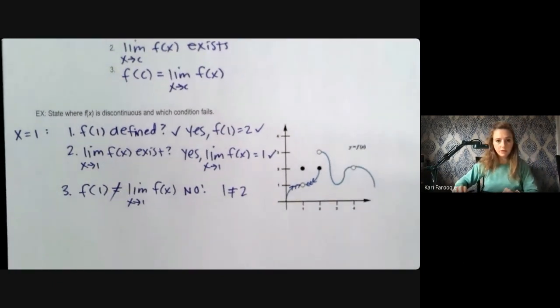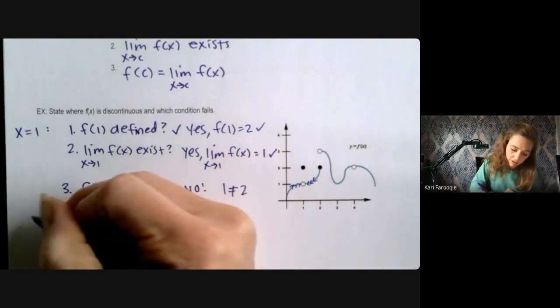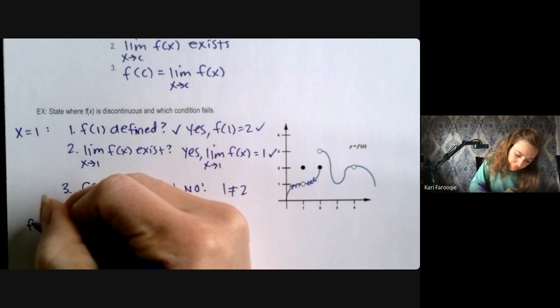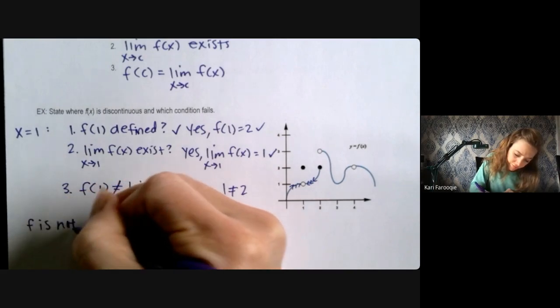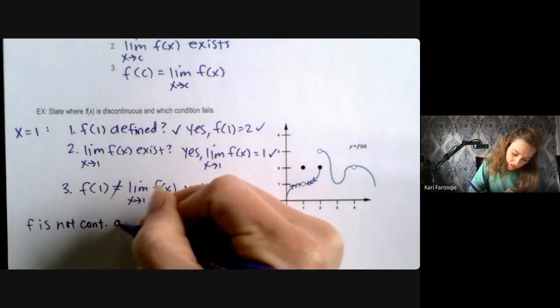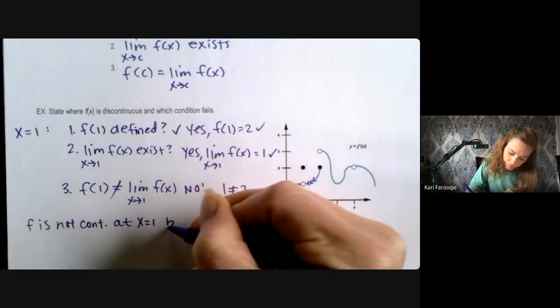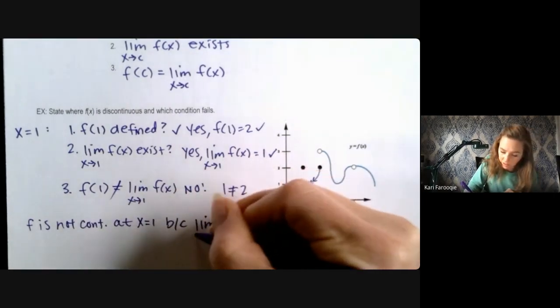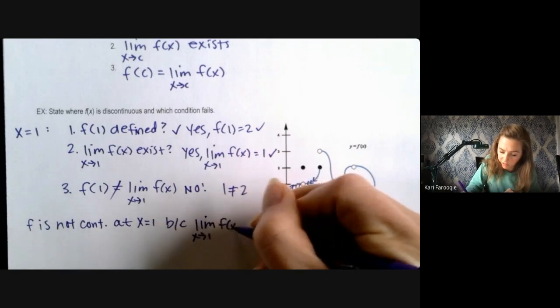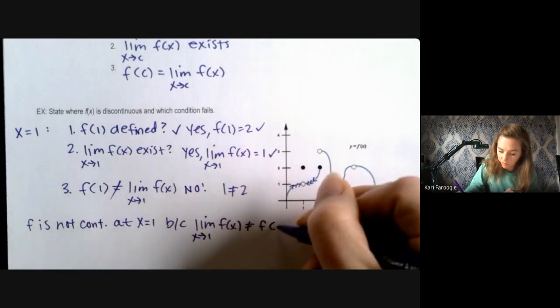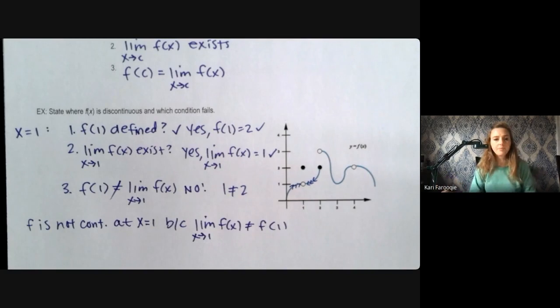Thus, condition 3 is violated. So we would say that f is not continuous at x equals 1 because the limit as x approaches 1 of f of x is not equal to f of 1. So if you're asked to prove that a function is not continuous at a point, you're going to find one of these conditions that's violated. In this case, it's condition 3.